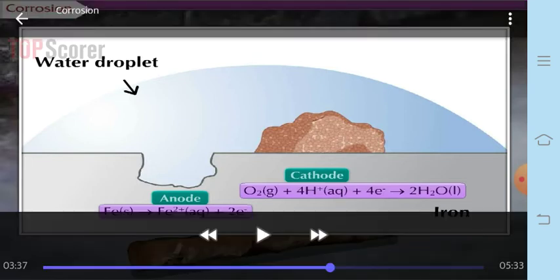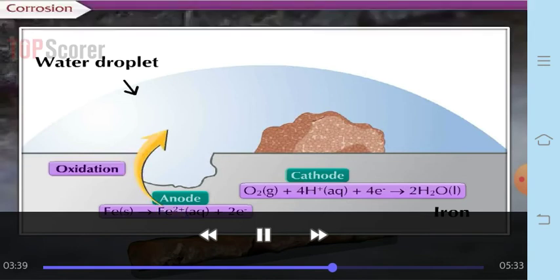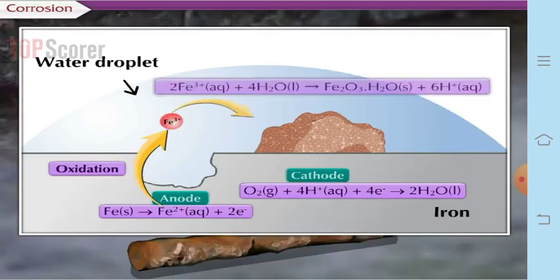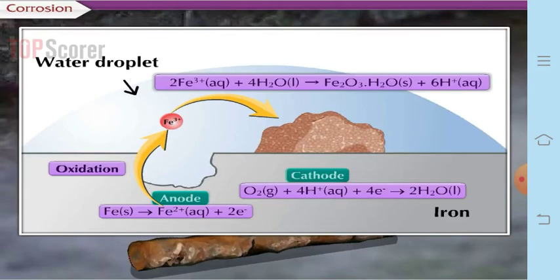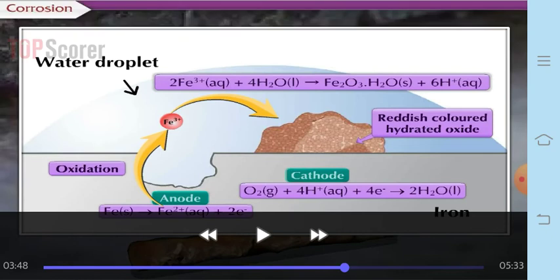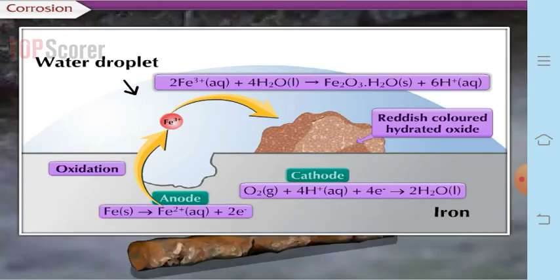Then these Fe2+ ions migrate from the anode region, react with water and get further oxidized to form Fe3+ ions, and this reddish hydrated oxide formed from the Fe3+ ion is called rust. It collects on the surface, and you can see the reaction here.